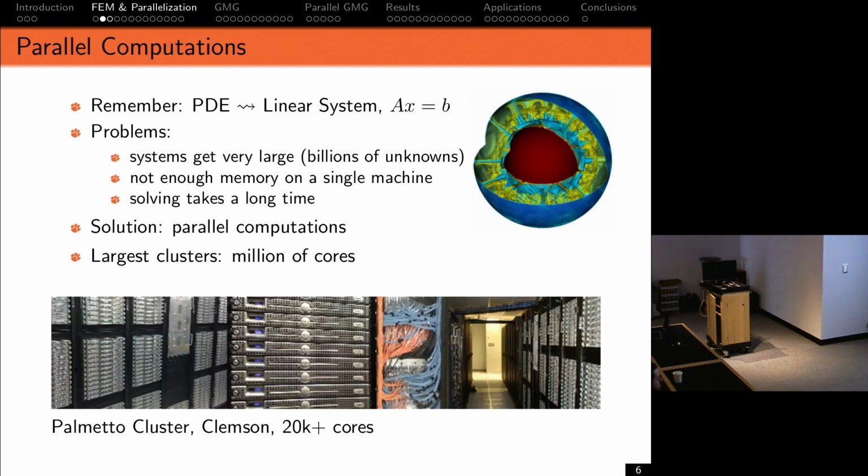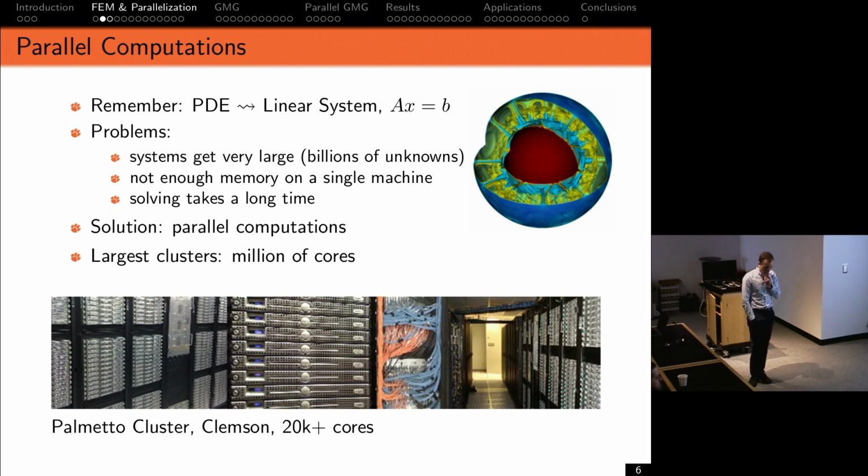And the question is, how do we solve these, right? So if I have a system Ax = b, there are a lot of problems associated with that. So the systems can become quite large. These days, on the right there's a geoscience application of a code I'm involved in writing.